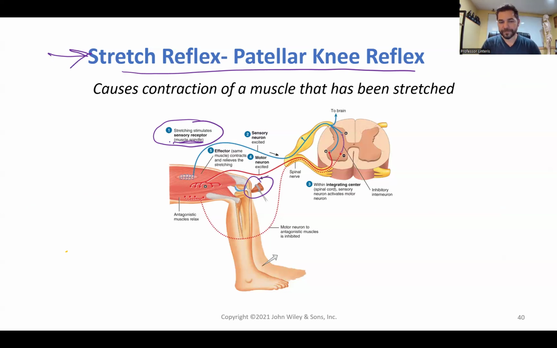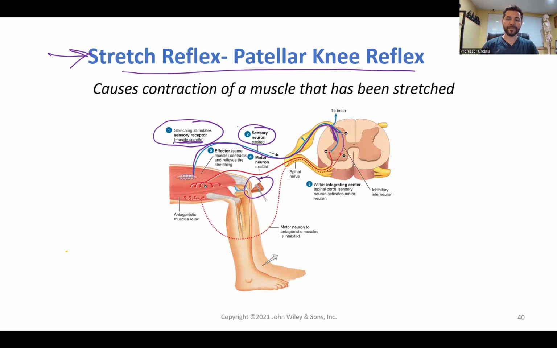Where is this muscle? It's the quads. So you tap with a reflex hammer, quad stretch, muscle spindle detects that, sends a sensory message in to the back of the spinal cord, as always.